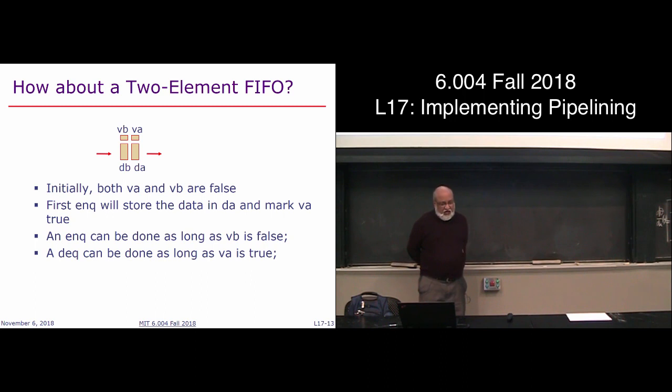Did I say first NQ will store the data in DA? Sorry, wrong. Typo. It should be DB. Thanks. This is an important typo. That first NQ will store the data in DB and mark VB. I mean, that's consistent with the picture I've shown.